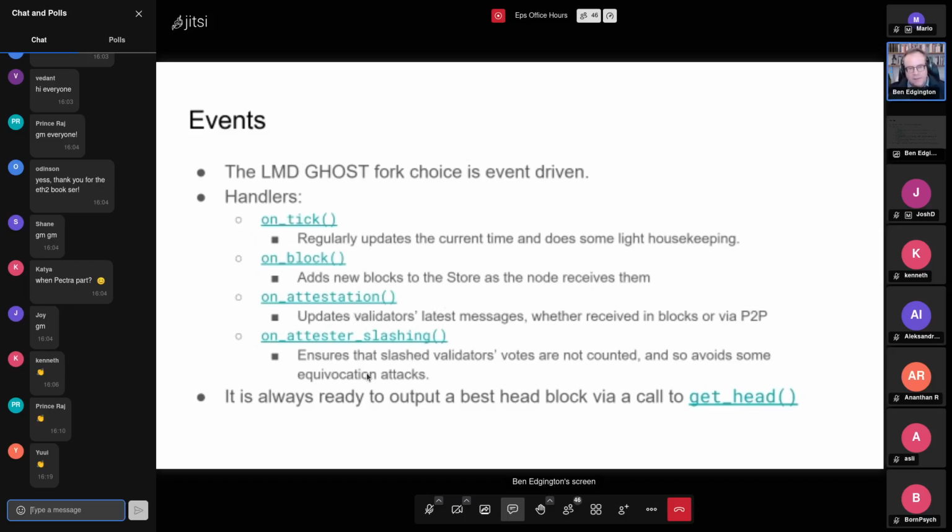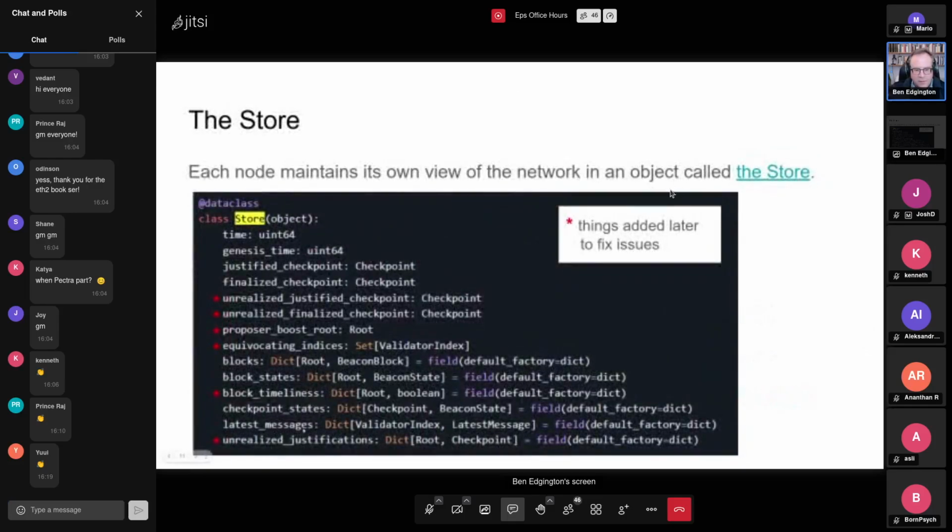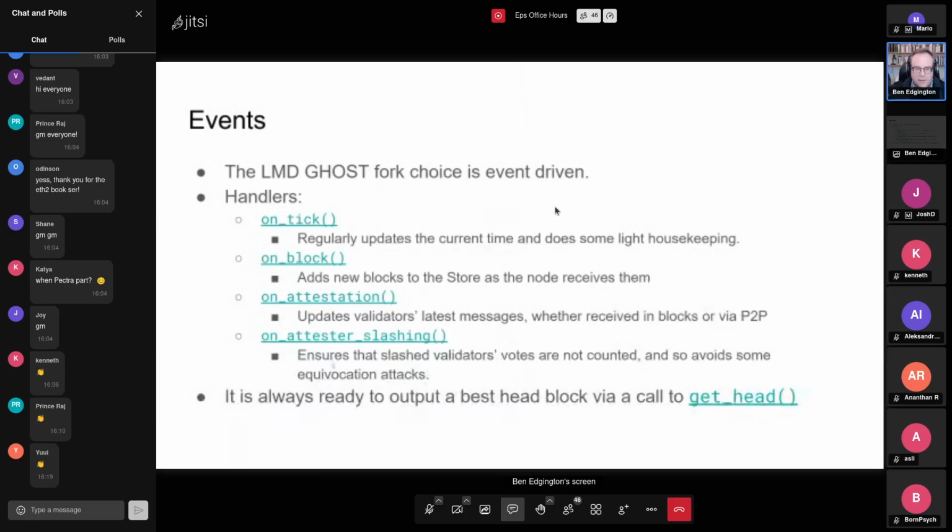On attestation, similarly, anytime an attestation is received via any means, whether it's in a block or on the wire, it updates the validator's latest messages in the store. So we have this latest messages field at the bottom, and on attestation updates that field. And then we have this on attester slashing, which was added later just to avoid an edge case where validators could be slashed but still count within fork choice.